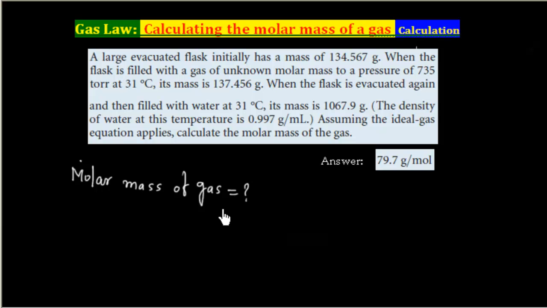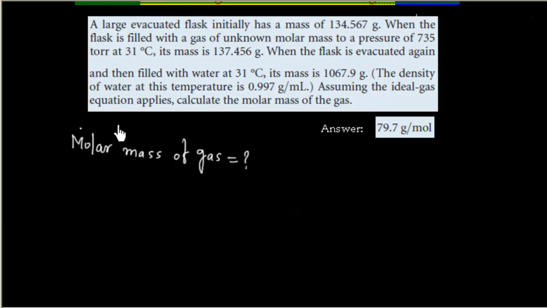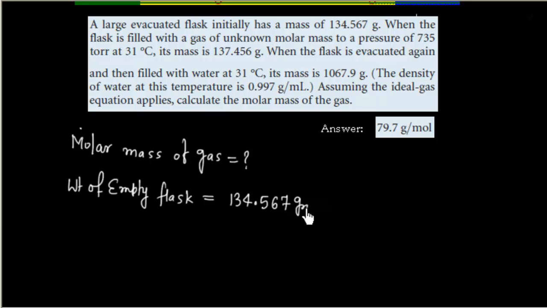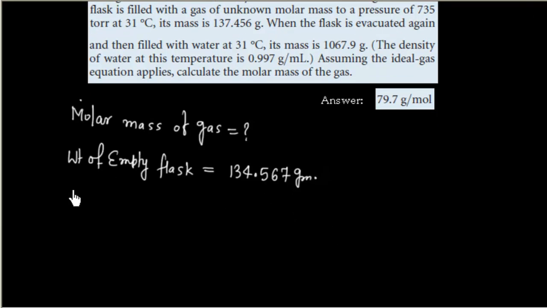We have been given that when the flask is empty, the weight is 134.567 gram. So we can write the weight of the empty flask is 134.567 gram.